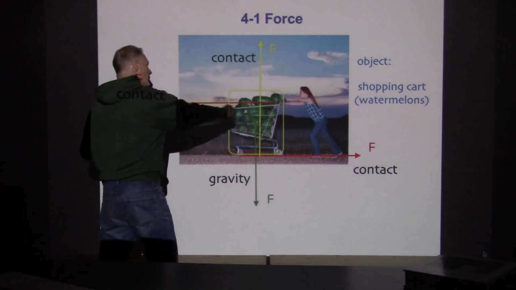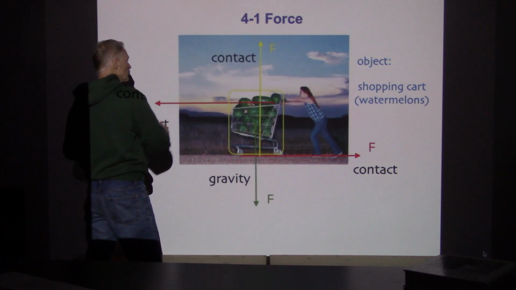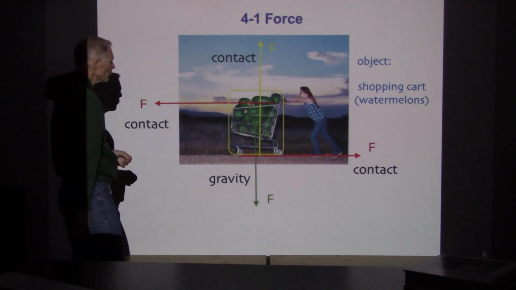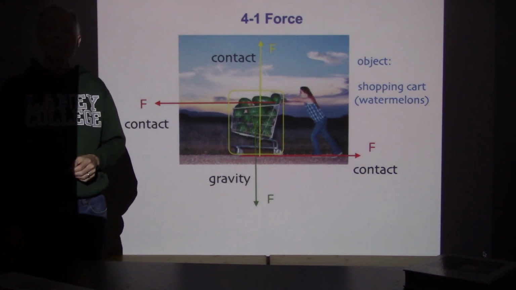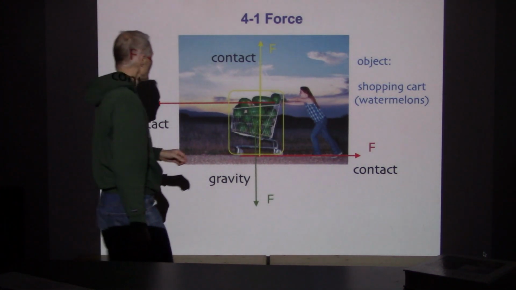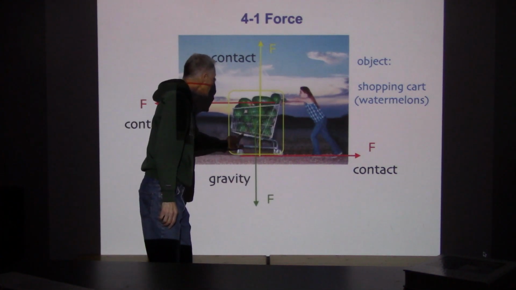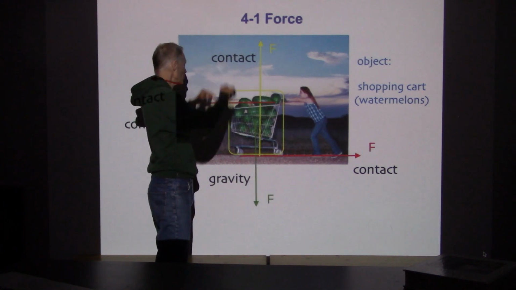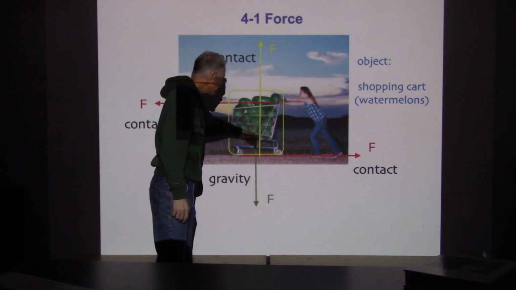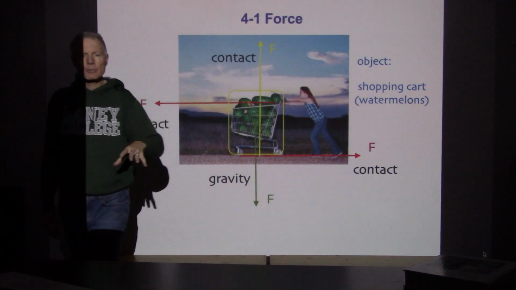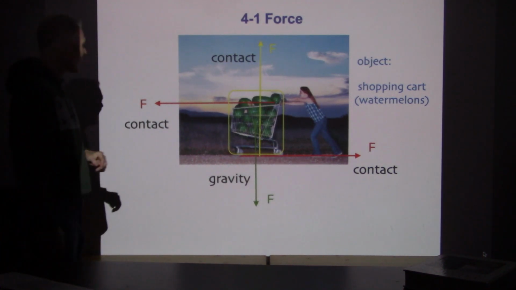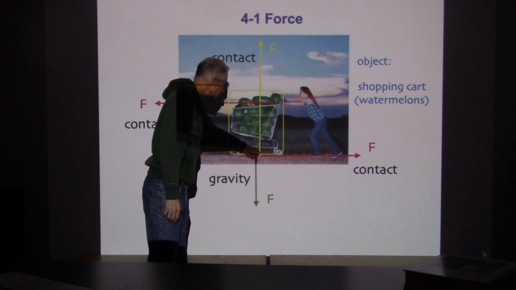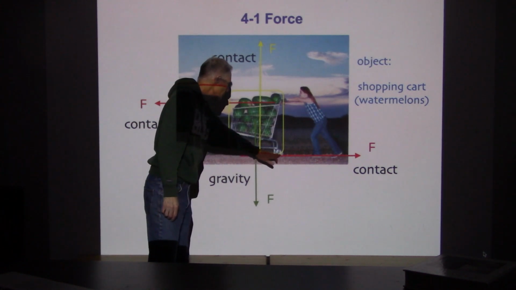Now, we've been speaking entirely in terms of horizontal motion, but what's happening in the vertical direction? Well, in the vertical direction, I'm guessing there's not going to be an acceleration. I'm guessing that the cart is not going to take off from the pavement and start heading upwards. And I'm also guessing that the cart's not going to collapse into the pavement. And that's happening because, well, there's a gravitational force downwards, but there's a support from the pavement.